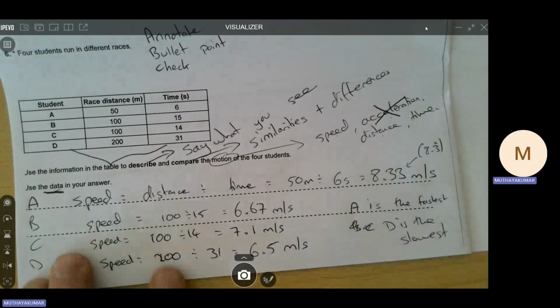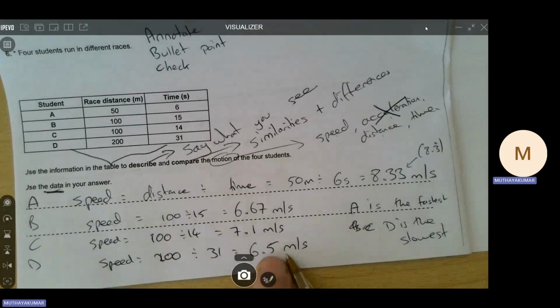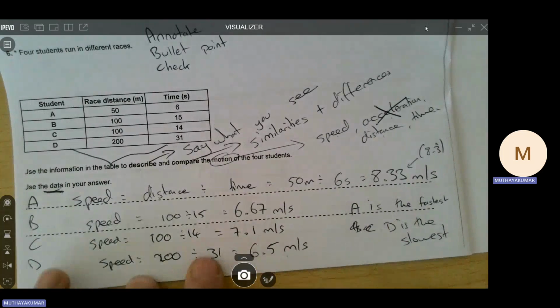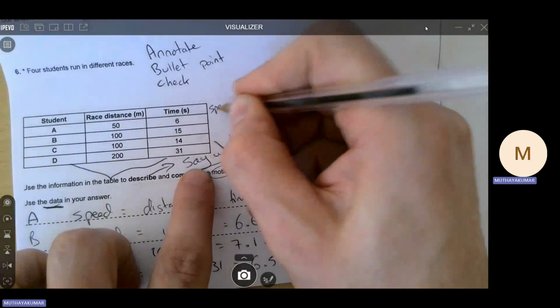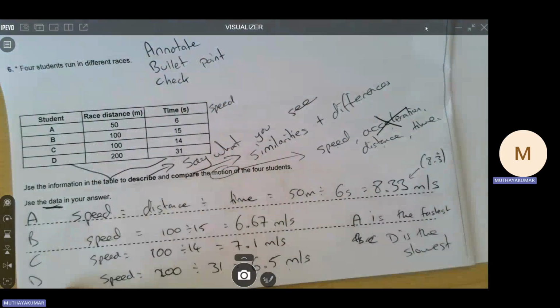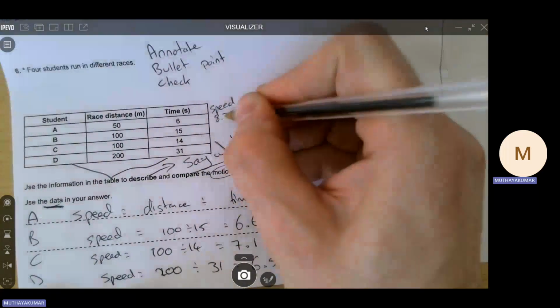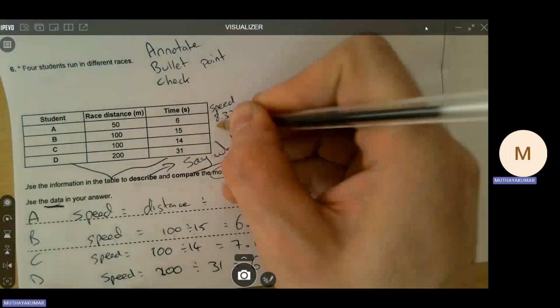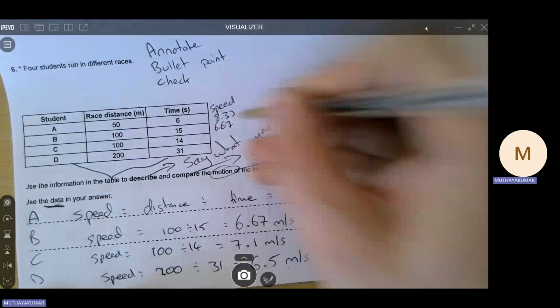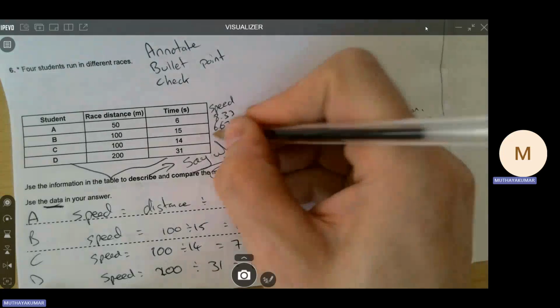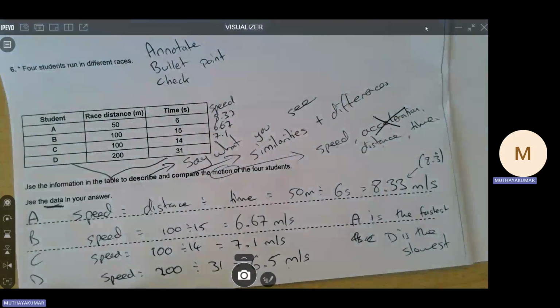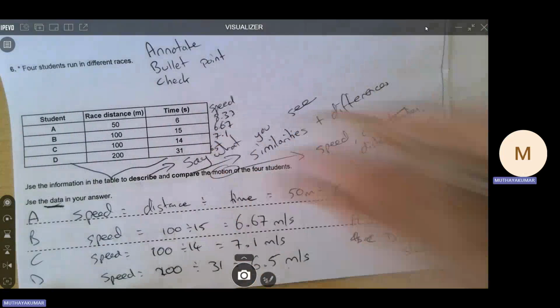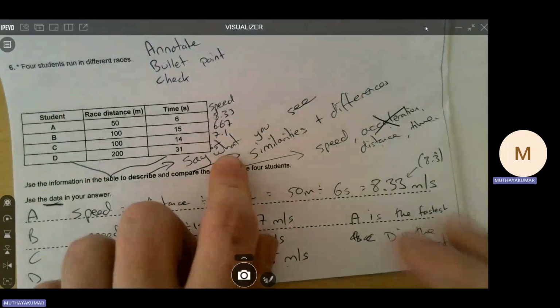Are there any patterns? So we've got the slowest. In fact, to help me, I'm going to annotate it up here. 8.33, 6.67, 7.1, and 6.5. So what do I notice?